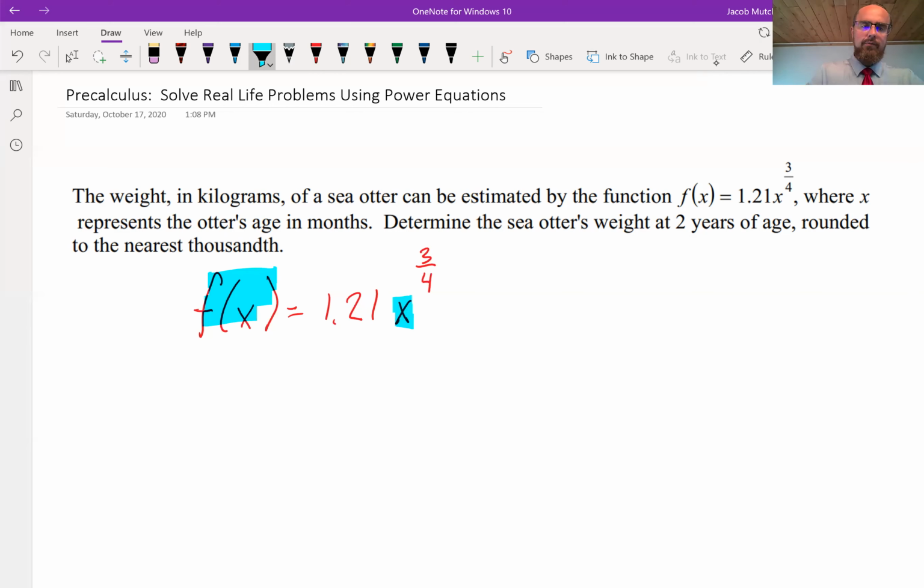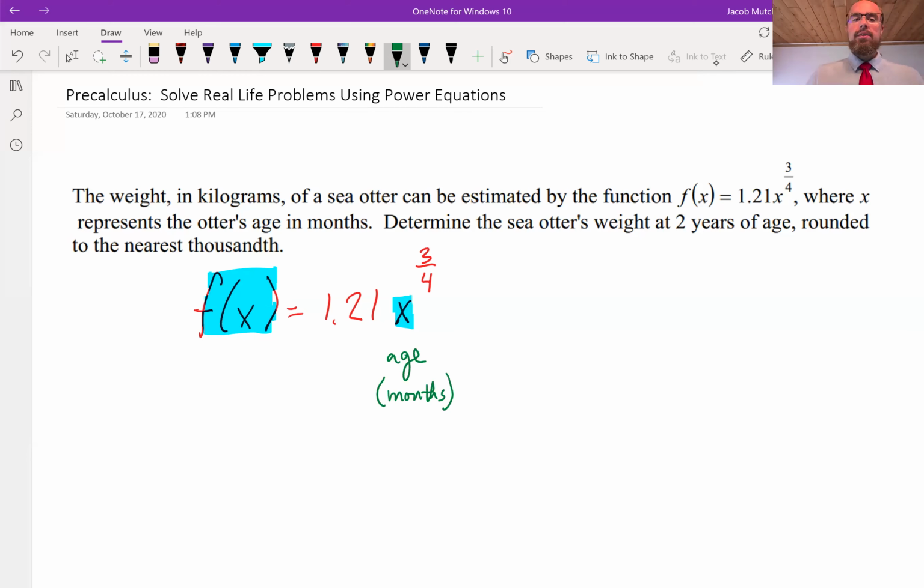So before I even start looking to plug in numbers for one of my two variables, I need to decide what those variables represent. So I see here in the words, we're told that x represents the otter's age in months. So I'm just going to label here x is age, and we're told the units there need to be months.